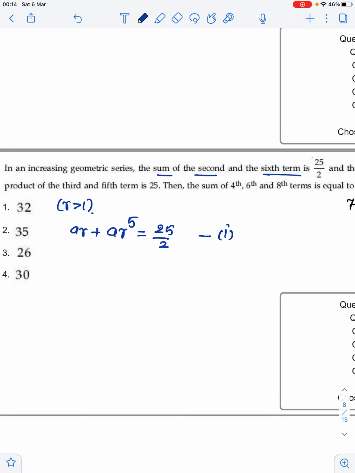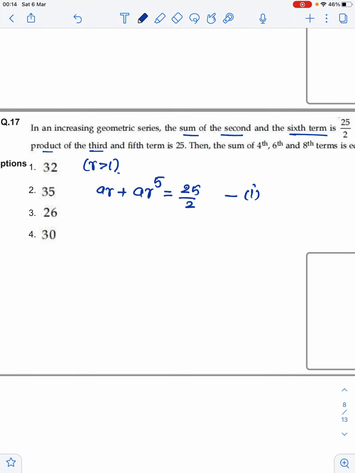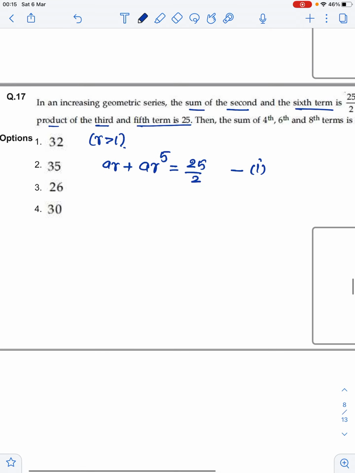Let us say this is equation number 1. And the product of the third and the fifth term is 25: the third term AR square into the fifth term AR power 4 is equal to 25. So from this we get A into R cube is equal to 5.